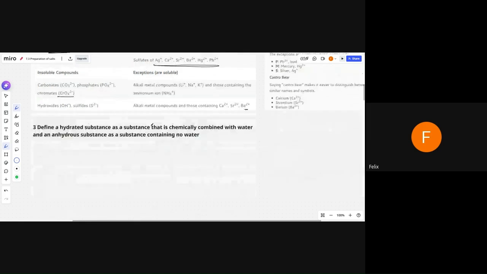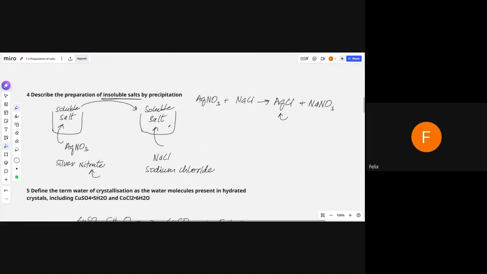As soon as you mix these two solutions together, you will see a precipitate of silver chloride. It will be precipitated at the bottom. The sodium nitrate is aqueous, so it will remain dissolved and you will not be able to see it.